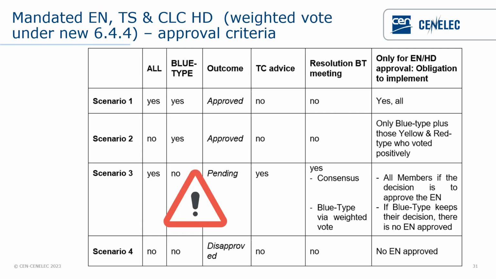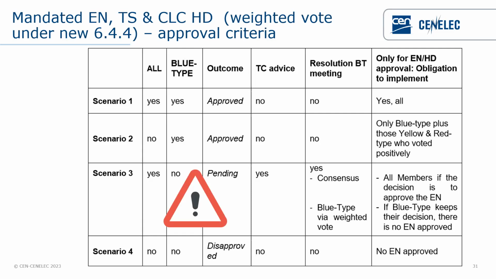And of course, BT will look into the matter in a BT meeting via consensus, hopefully. So always consensus would be sought among all members. If not possible, a decision will be taken with the vote of the blue tie members.